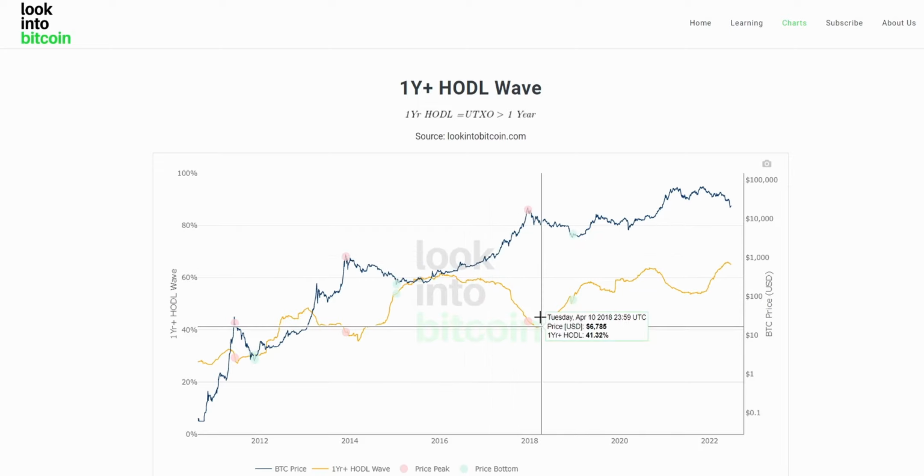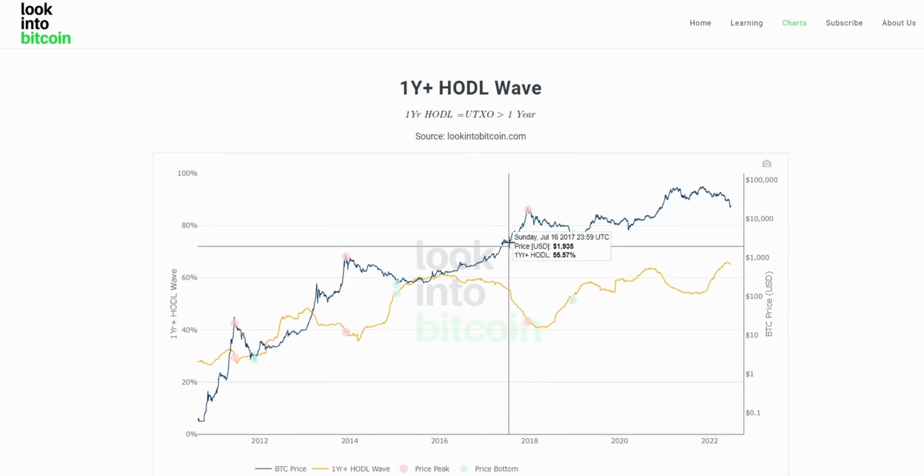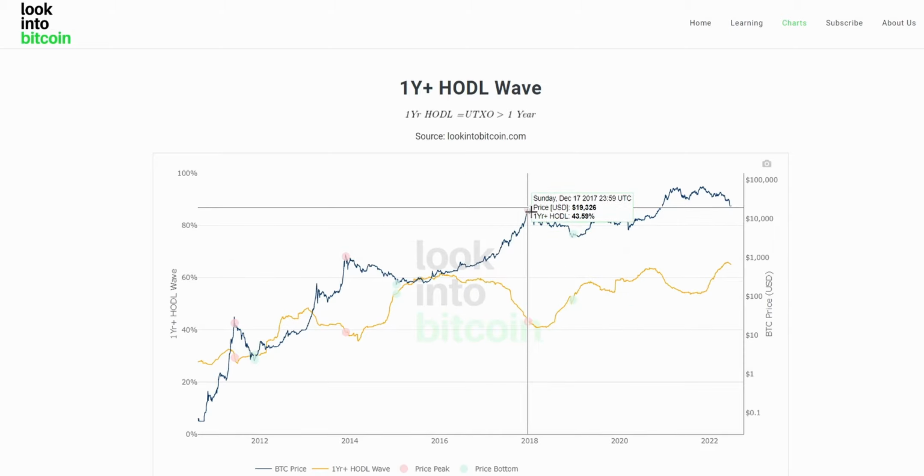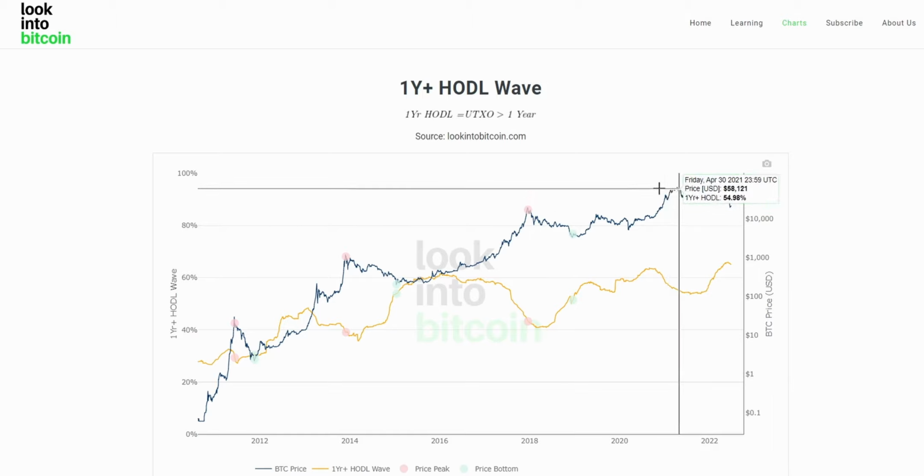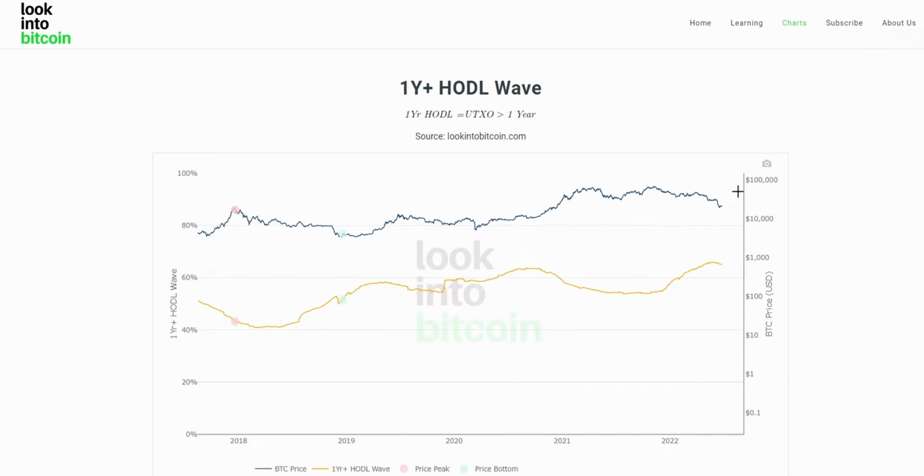So this has been true for the last few market cycles, as we see the inverse correlation between the HODL wave and price here, and of course here in the most recent cycle. If we just isolate the previous two cycles, as Bitcoin bottoms here, we see the HODL wave begin to curl back around, and then we have a bit of a choppy period here with the COVID 2020 crash.